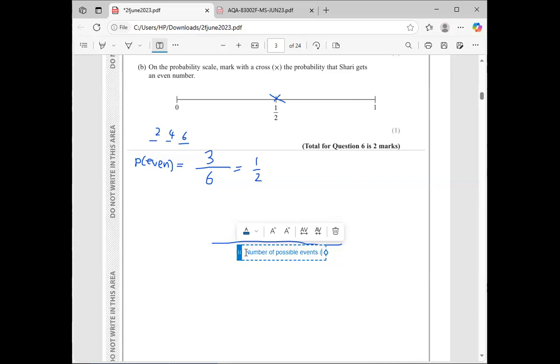Let me just put in brackets, total. Number of required events over number of possible events.